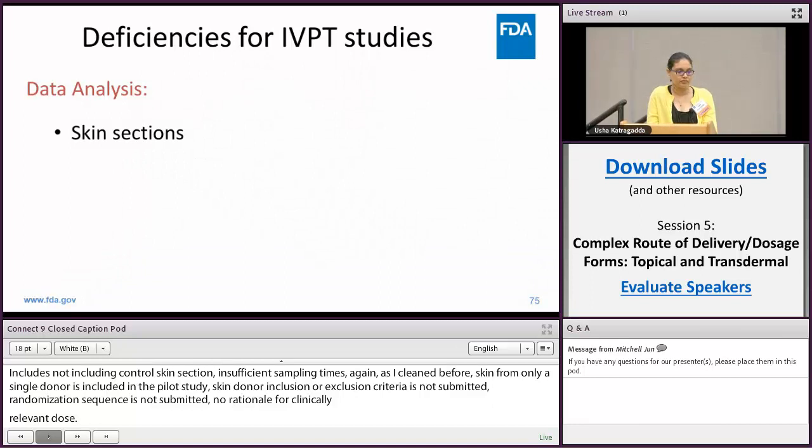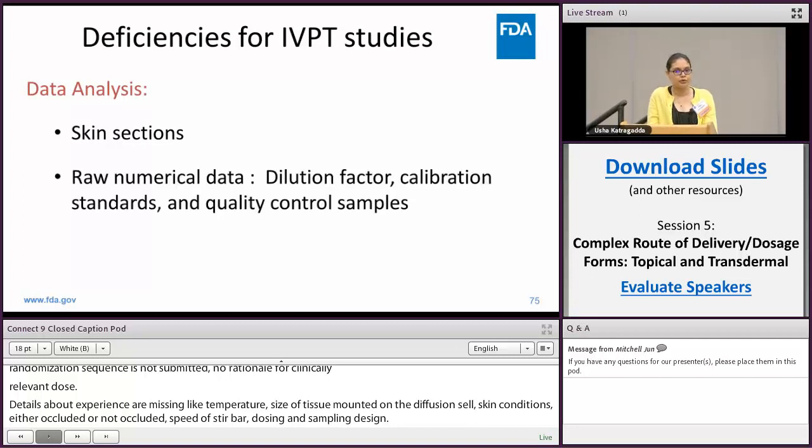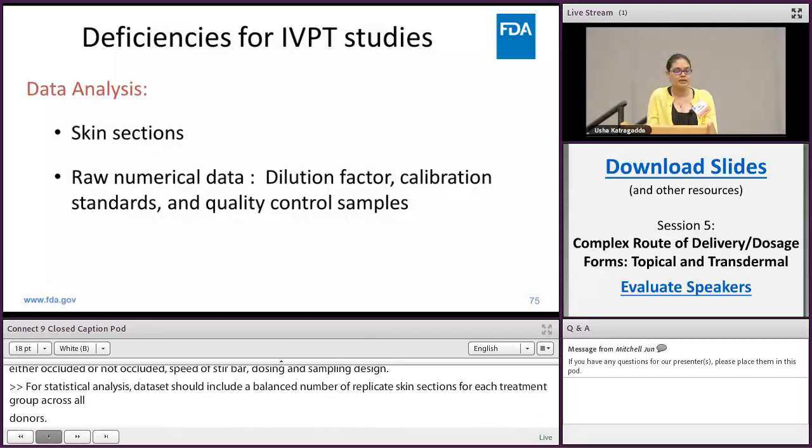For statistical analysis, the final data set should include a balanced number of replicate skin sections for each treatment group across all donors, and missing raw numerical data with information like dilution factor. Again, I emphasize that please include quality control samples during your IVRT and IVPT sample analysis. Missing IVPT data in SAS transport format.